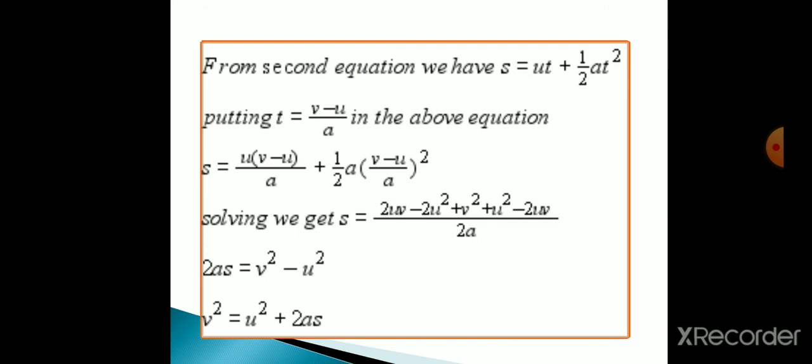Solving this equation, we get 2as is equivalent to v square minus u square, or v square is equivalent to u square plus 2as.